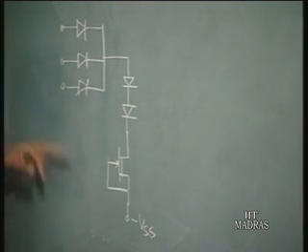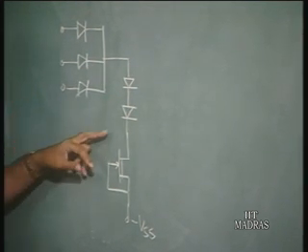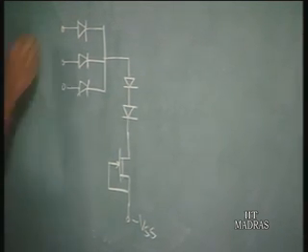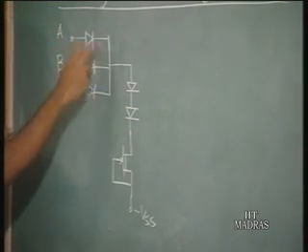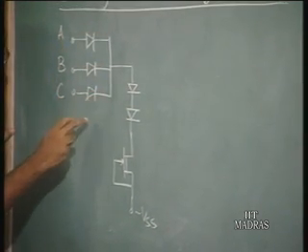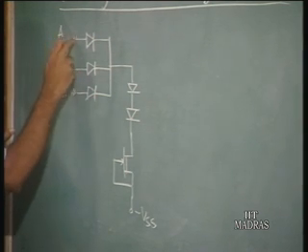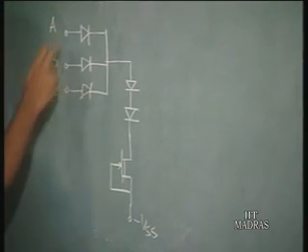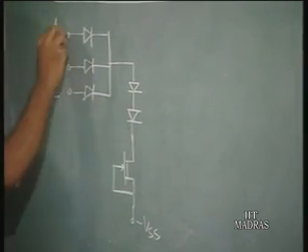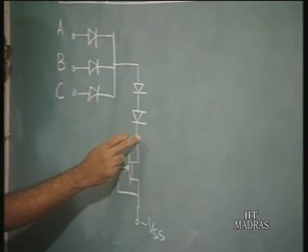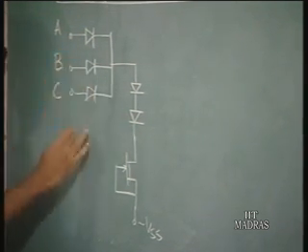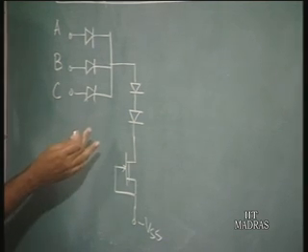If you look at this section here, with 3 inputs A, B, C, this is nothing but an OR section. That is, when any of the inputs goes high, the output is going to go high. So, suppose this goes high, the voltage at this point is going to be high. When all the inputs are low, the output voltage is low.